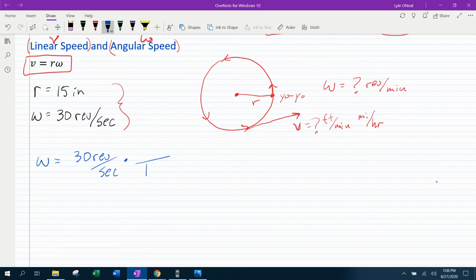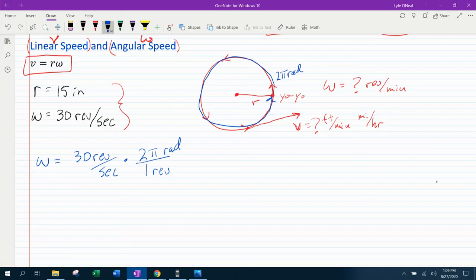When this tire makes one revolution, how many radians has it gone? One revolution is how many radians? Well, we know one revolution is 360 degrees. And so I guess you need to know that 360 degrees in radians is 2 pi. So one revolution is equivalent to 2 pi radians.